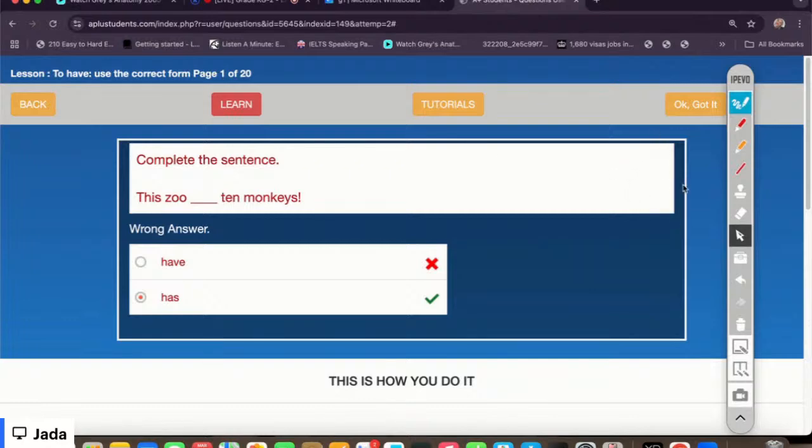So if you say that this zoo have 10 monkeys, it is wrong. Yes, because it has to be has. Okay, this zoo. Now it's talking about one zoo, not a lot of zoos.